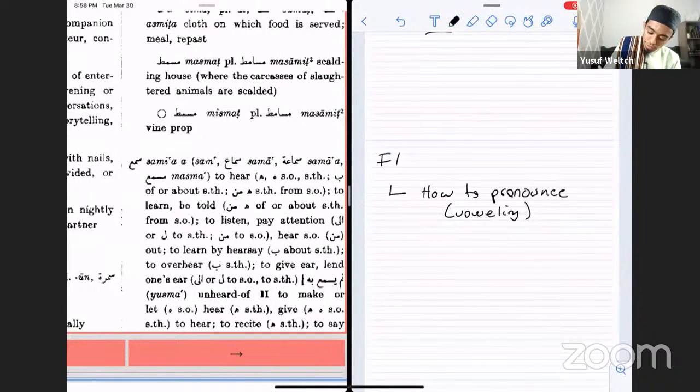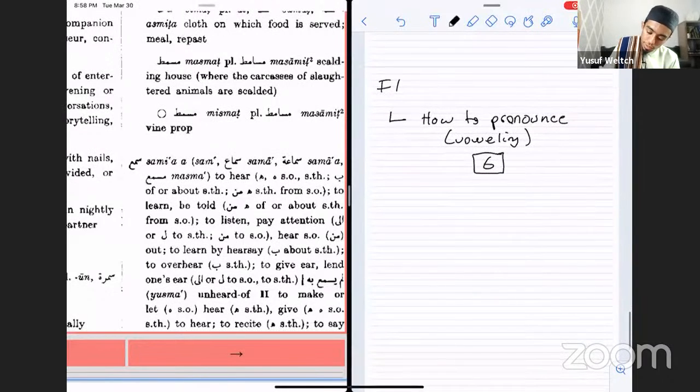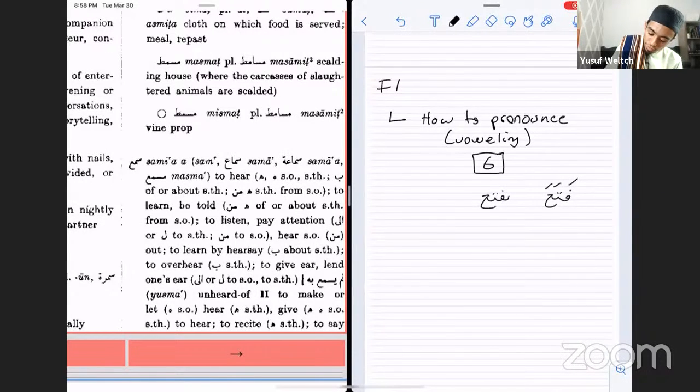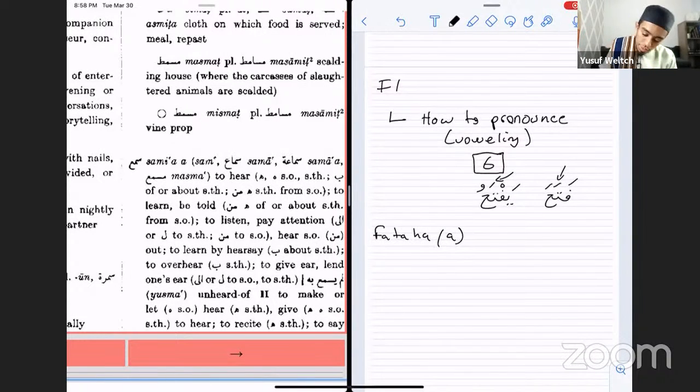It breaks down into 6 subcategories, and usually they use these following 6 words to explain it to us. So fataha yaftahu, you have a fatha here and a fatha here, they both share, and that would show up as this in the dictionary. That's 1.